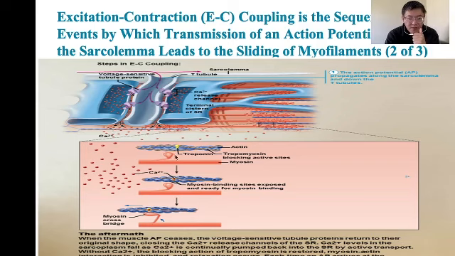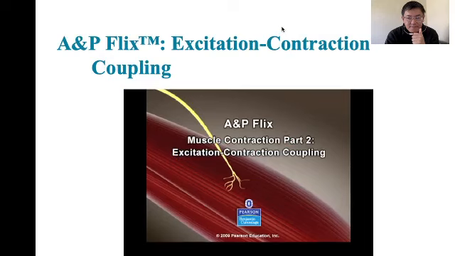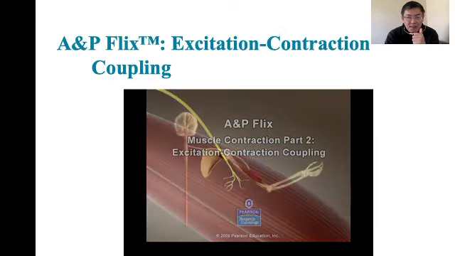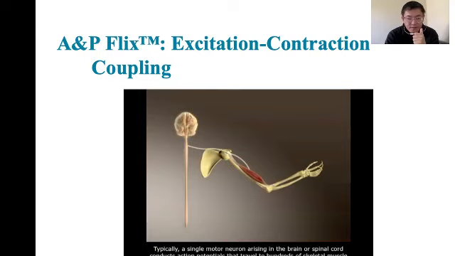Then the calcium can bind with the actin to cause myofiber contraction. So this is called excitation contraction coupling. This is the video of the excitation contraction coupling. Please watch this video after this lecture.